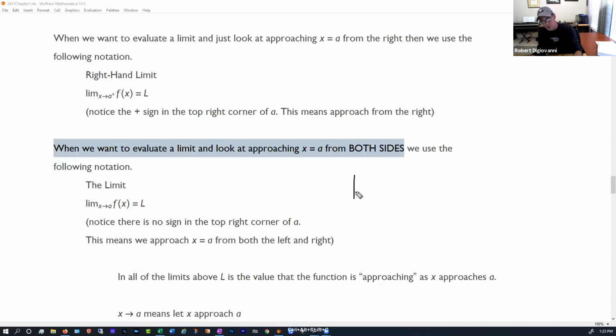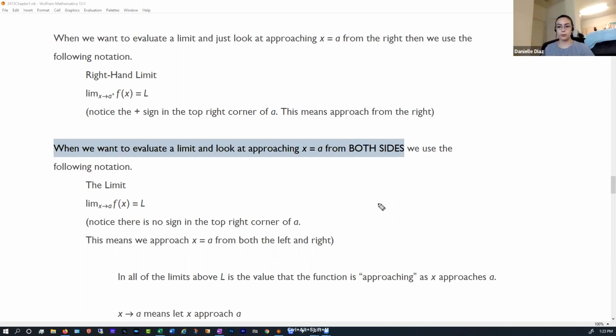So I'll do lim, x approaches a, and then I'll put the function f of x. So you see there's no plus or minus there? No plus or minus means you need to check both. So it's implied that it's both the left and the right. Any questions?